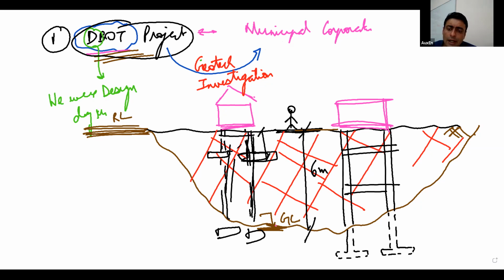Because your entire substructure strategy will change according to that. Your entire substructure strategy changes depending on the investigation or depending on the subsoil characteristics. So you should always insist on proper geotechnical investigations. Do we get this? Is this clear, all of you? Hello.